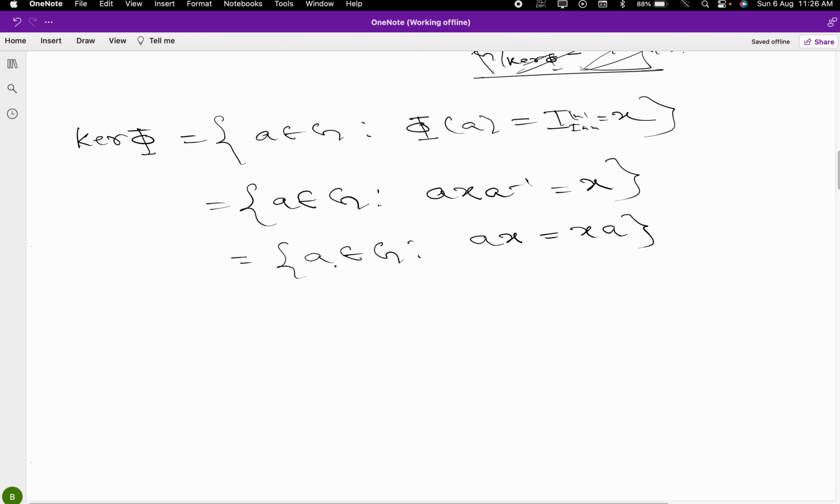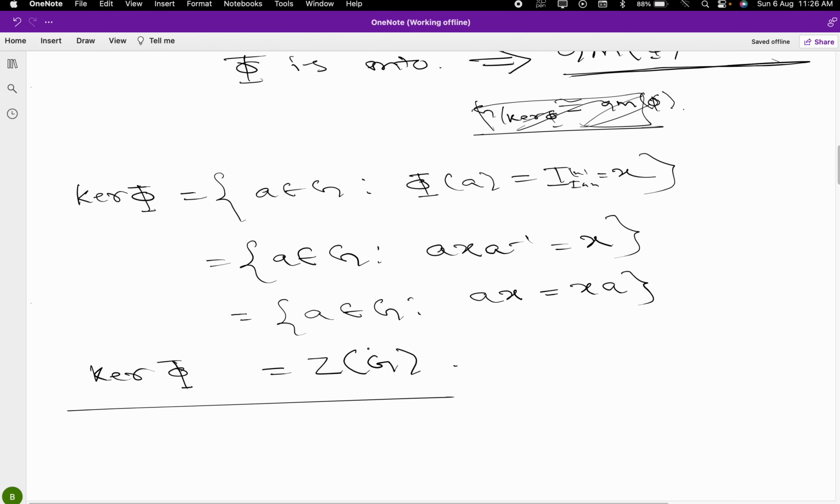So all those elements inside the group G commute with every element X inside the group G. Don't you think this is the center of a group? This is the definition of center, right? So the kernel of phi is actually the center of the group.